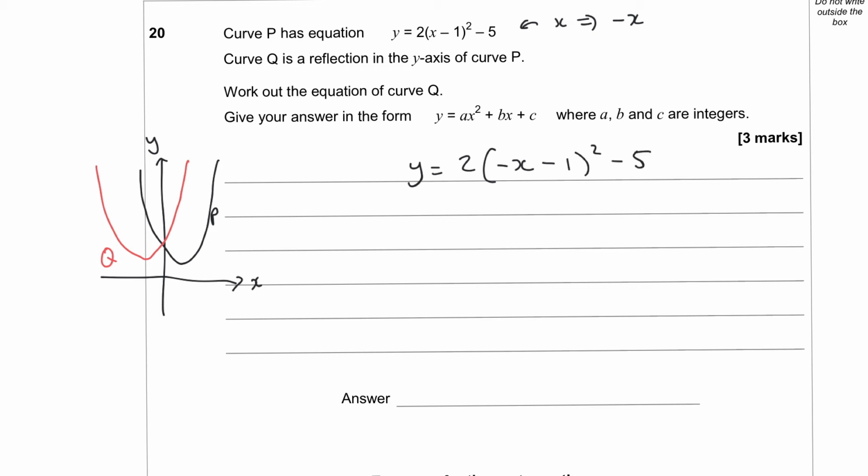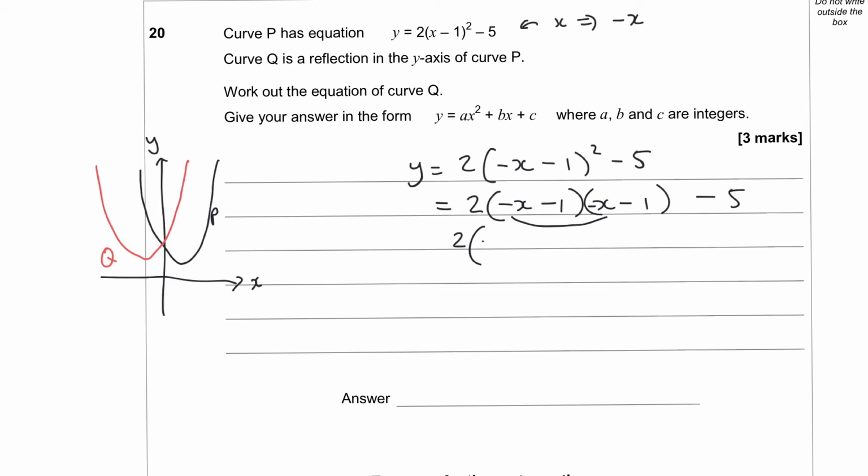So now we have this, we're going to expand. That'll be 2, so minus x minus 1, minus x minus 1. Let's expand first.